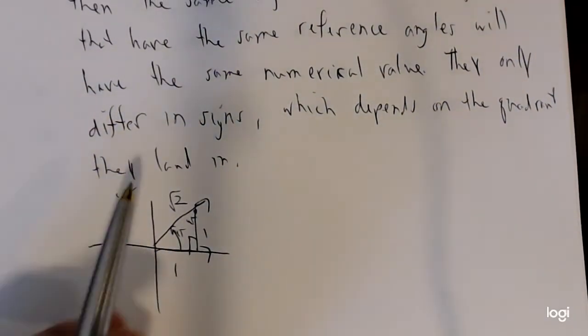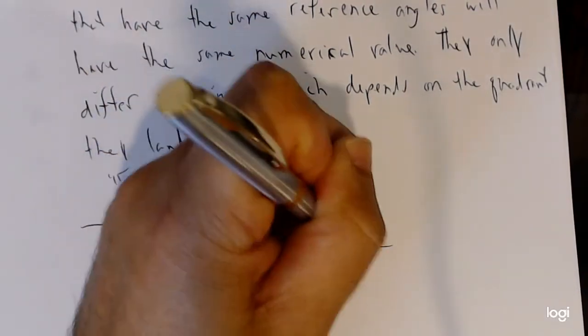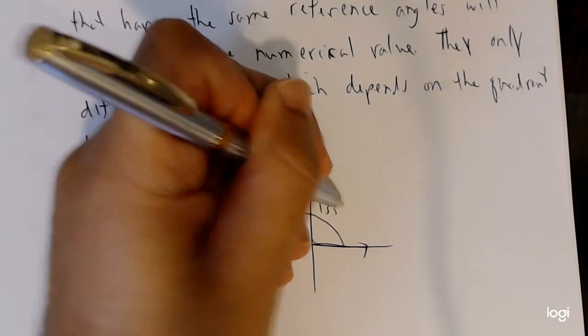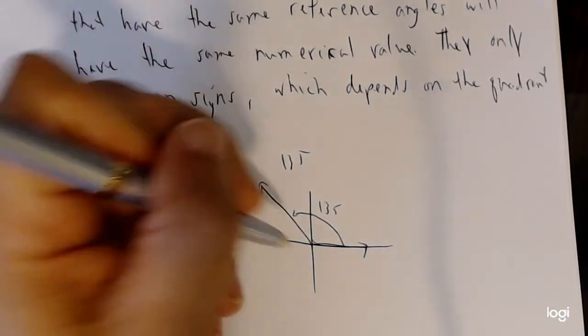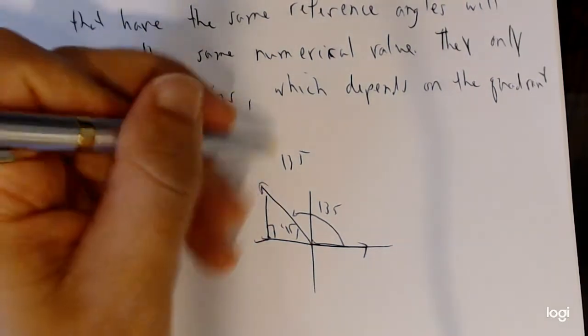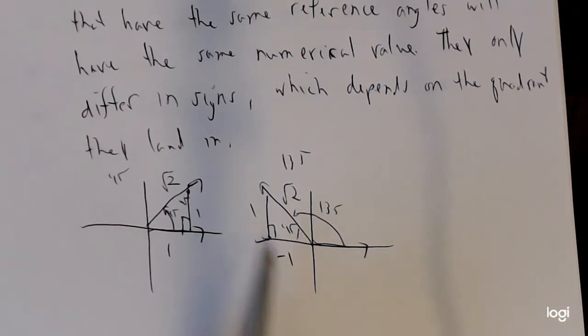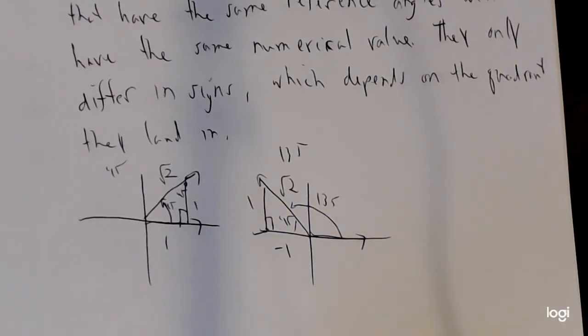And then what is it that we notice for 135 degrees? If I draw it out in standard position, what's my reference angle? It's 45 degrees again. If I draw my triangle, I get -1, 1, root 2. What do you notice about these values? They're the same, except one of them is negative.